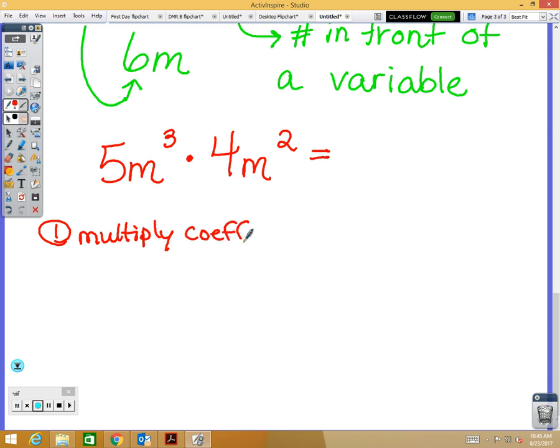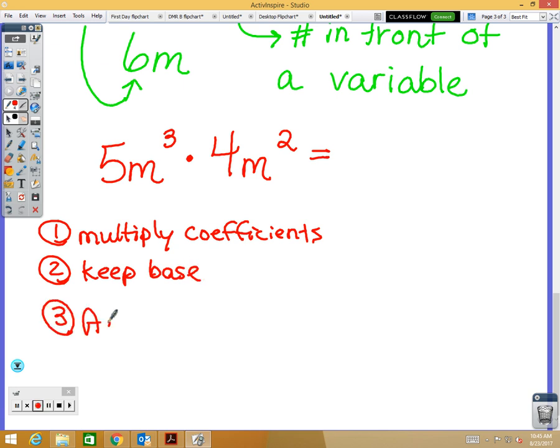Multiply your coefficients, then everything else is the same. Keep your base, add exponents. Multiply your coefficients, keep your base, add your exponents. So those last two steps are the same.